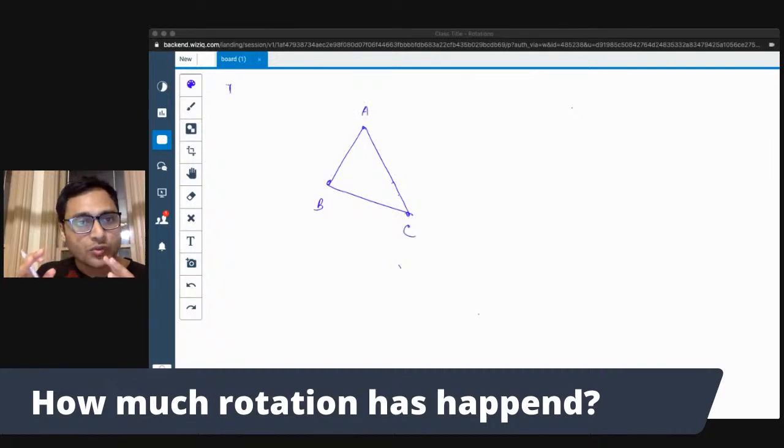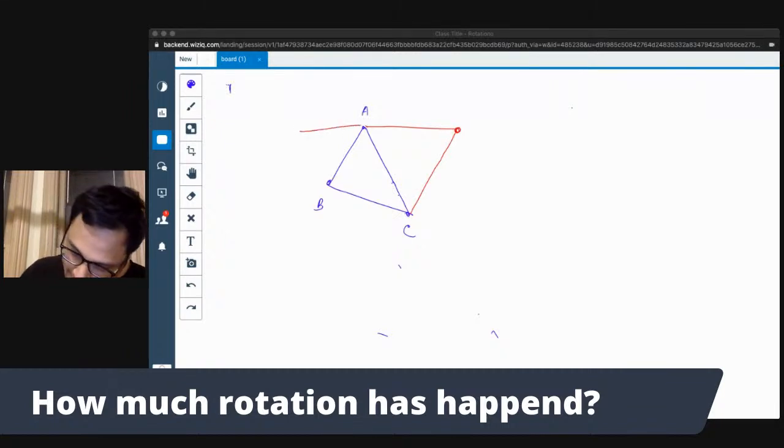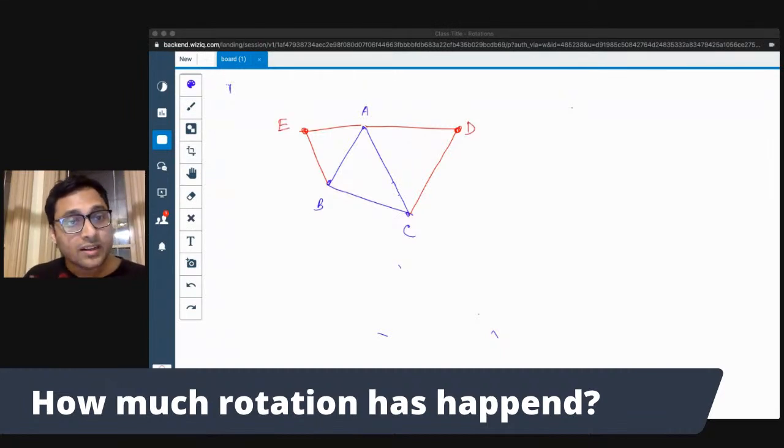And we draw two equilateral triangles on two sides of it. I'll change the color. One of them is like this, and the other one was like this. This one was E, this one was D. And we wanted to show that CE is equal to BD.